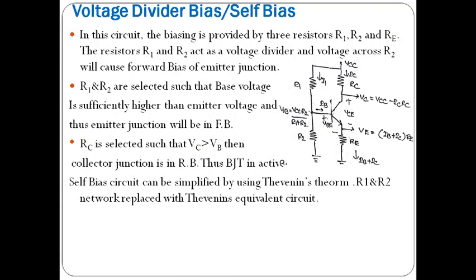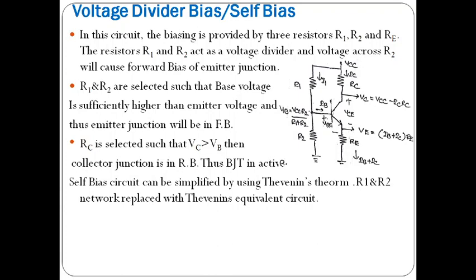This self bias circuit can be simplified by using Thevenin's theorem, replacing the R1 R2 network with the Thevenin equivalent circuit. In the circuit diagram, the current coming through R1 is I1, and IB is flowing into the base. The voltage drop across R2 can be written as VCC into R2 by R1 plus R2.